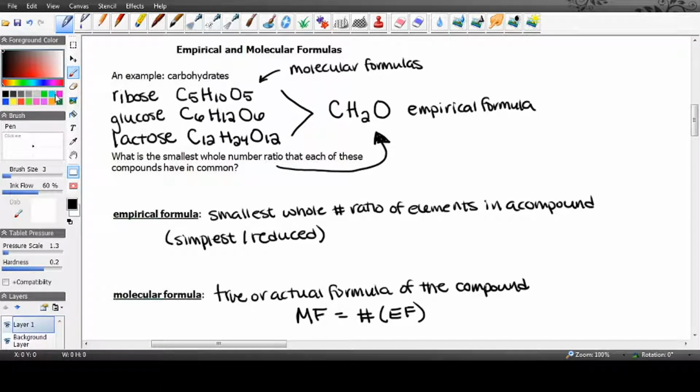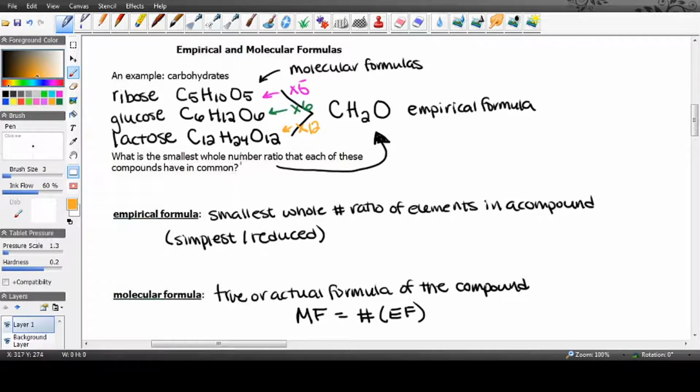If we go back up to our examples and we look up top, the empirical formula times 5 gives us ribose, times 6 gives us glucose, and times 12 gives us lactose. So you can see these whole number multiples tell us what actual carbohydrate we are working with. Now, this is not just true for carbohydrates. There are lots of different types of compounds that share empirical formulas but have different molecular formulas.